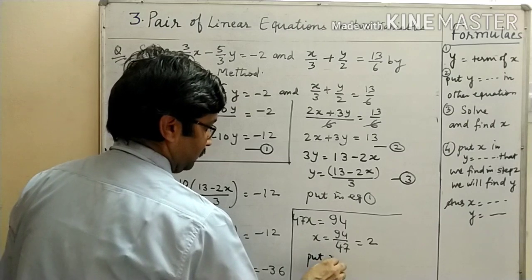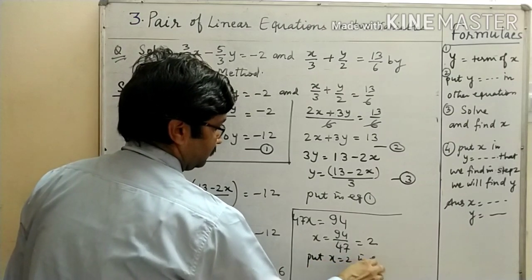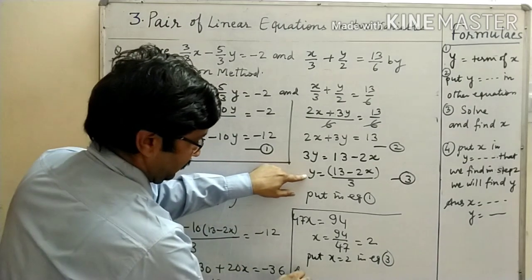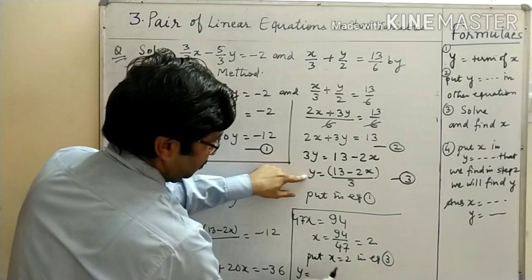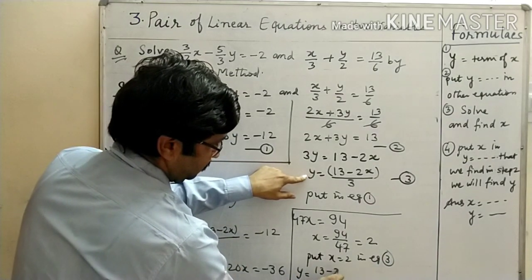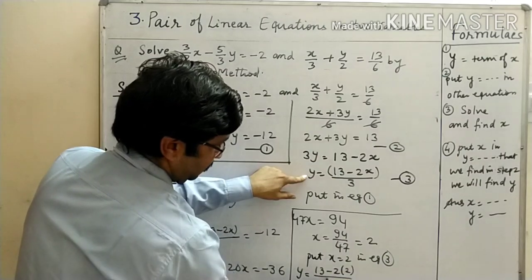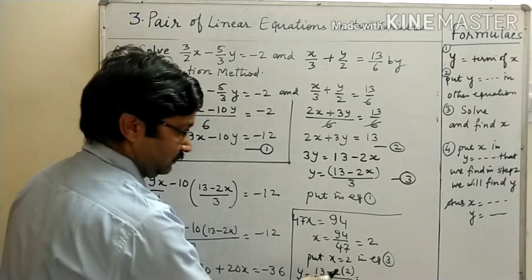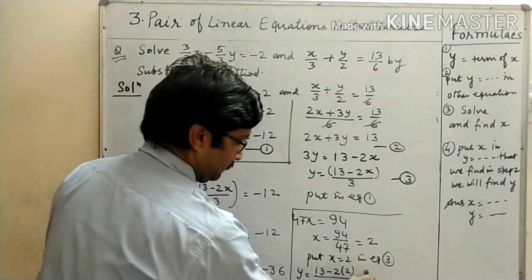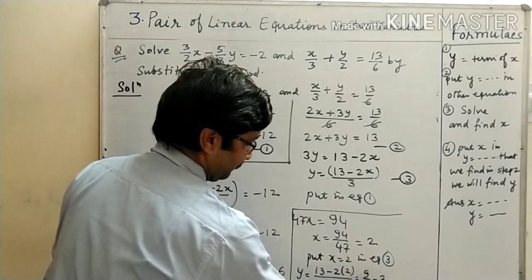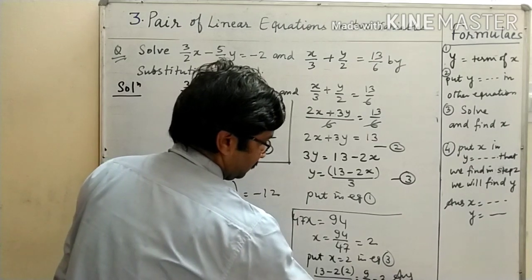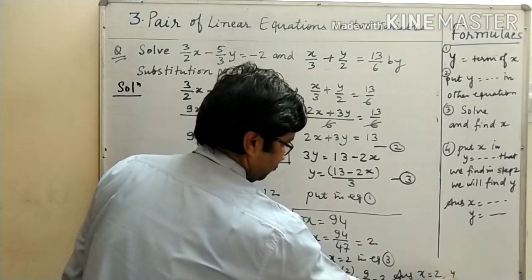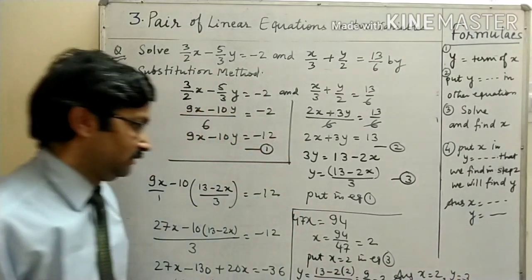Put x equal to 2 in equation 3: y equal to (13 minus 2 times 2) upon 3. 2 times 2 is 4, 13 minus 4 is 9, and 9 upon 3 is 3. So the answer is x equal to 2 and y equal to 3.